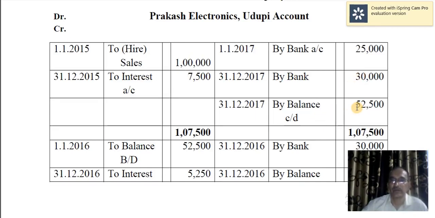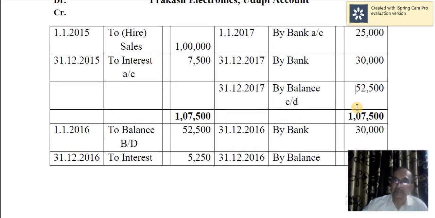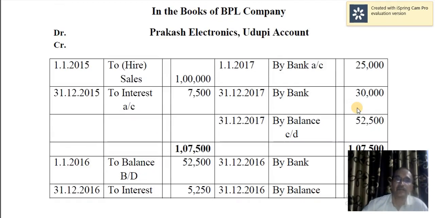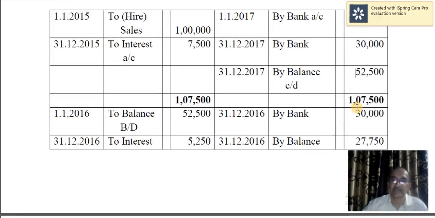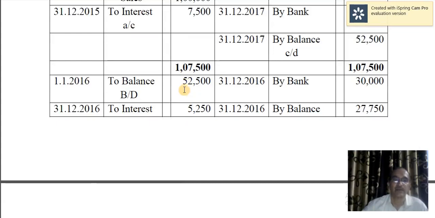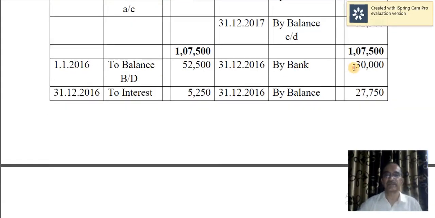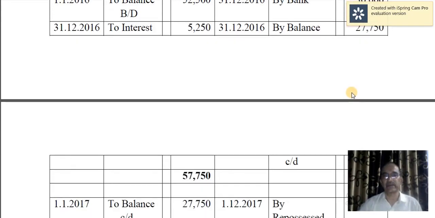This is the amount owing by Prakash Electronics. We are the hire vendors. So 52,500 is brought down at the beginning of second year 2016. We have received the second installment 30,000, and therefore balance is still receivable 27,750.